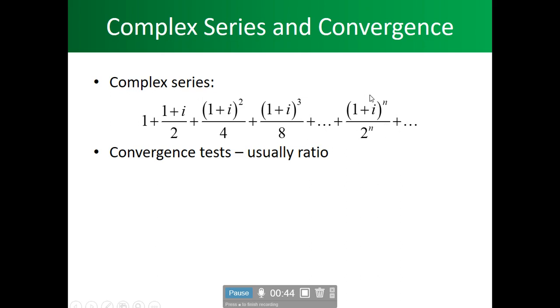So as we have here, we'll call this A of n. The parenthesis for 1 plus i, that parenthesis raised to the n power, divided by 2 to the n.